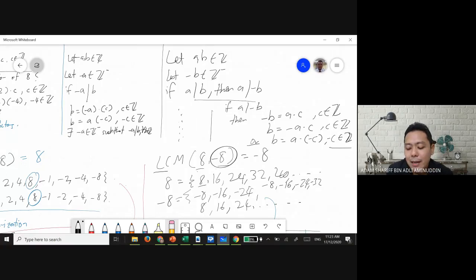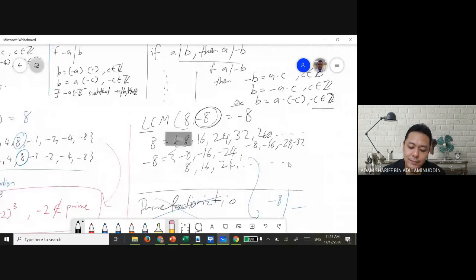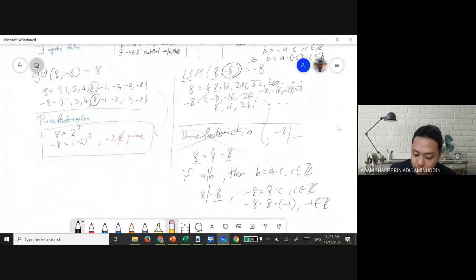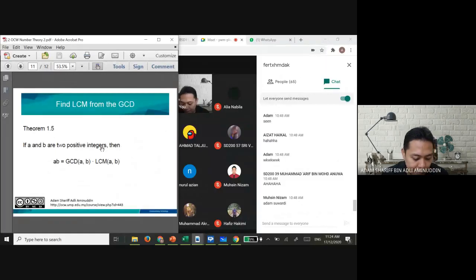Kalau B merupakan negatif punya multiple, maka dia masih boleh wujud jika B adalah positive multiple untuk A pada asalnya. Alright, kita dah 11.24. Soalan Akram tadi tu saya simpan sekejap. Saya nak habiskan yang ni dulu. Okay? Alright.